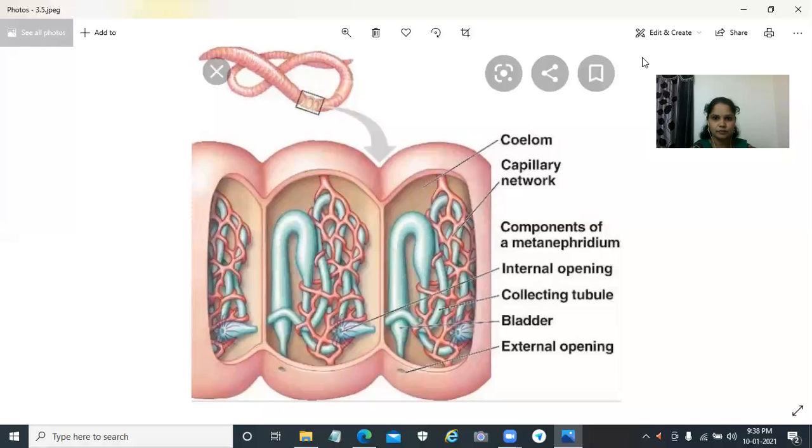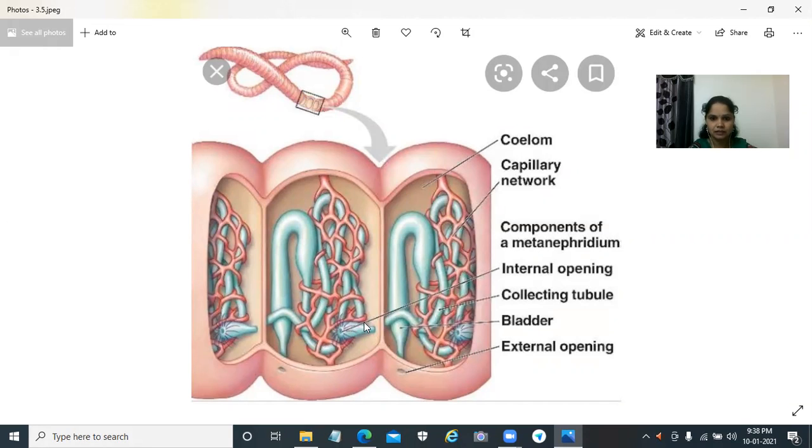Look at this picture, earthworm. It's about the body structure of the earthworm. It has a body cavity because it is a coelomate organism. Again, it has an excretory structure, the metanephridia.